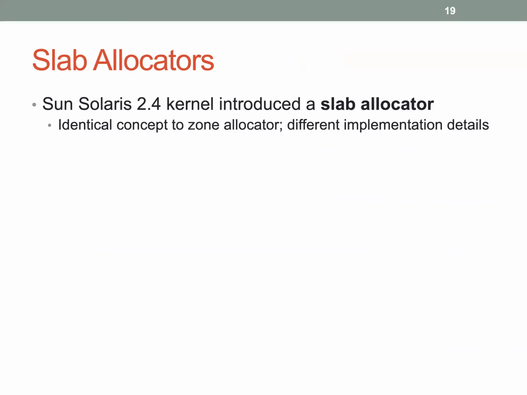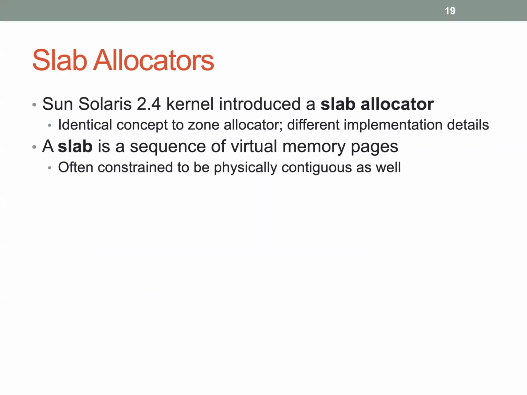Okay, the other main pooled object allocator that you'll see in kernels is called a slab allocator, and it's basically identical to zone allocators, except the data structures are just arranged differently and managed differently. That's really all there is to it. So a slab is a run of virtual memory pages that are contiguous, of course.